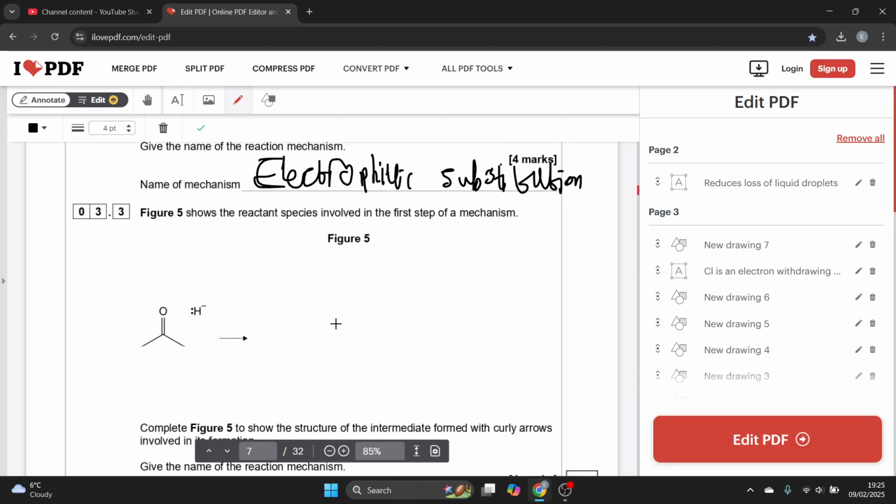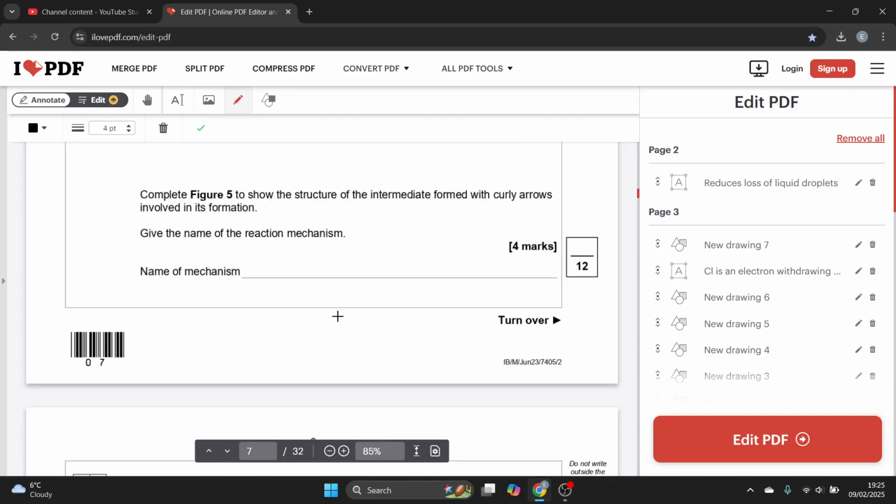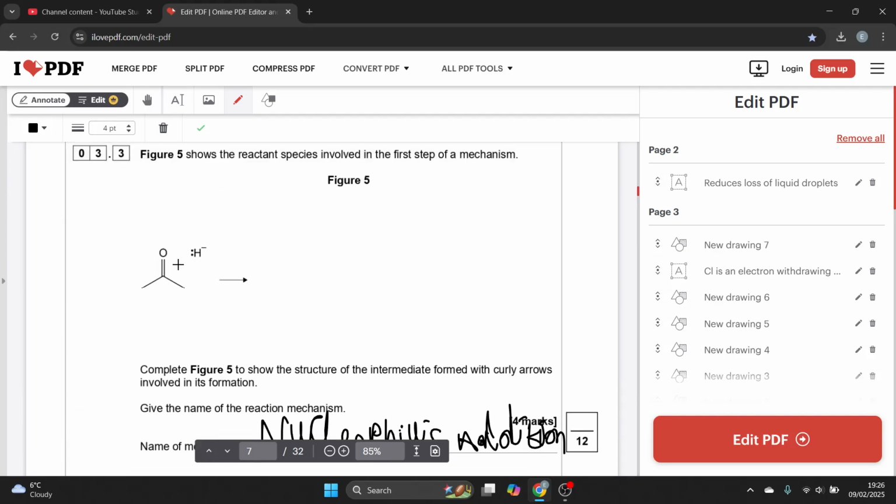Then it says figure 5 shows the reaction species involved in the first step of the mechanism. Complete figure 5 to show the structure of the intermediate formed and the curly arrows involved in its formation. Name of the mechanism: nucleophilic addition. What happens? The lone pair of electrons, H minus goes there. That's the first thing.